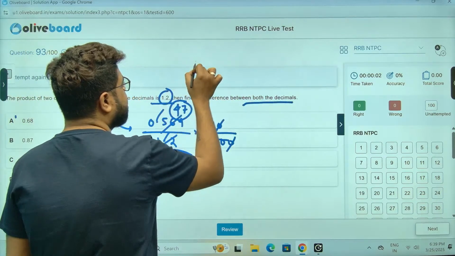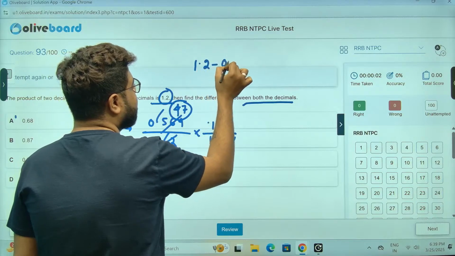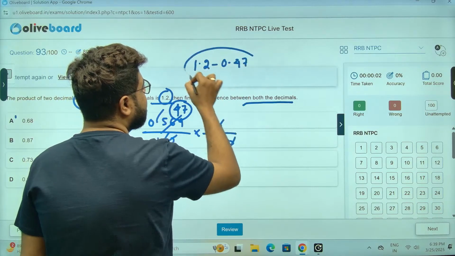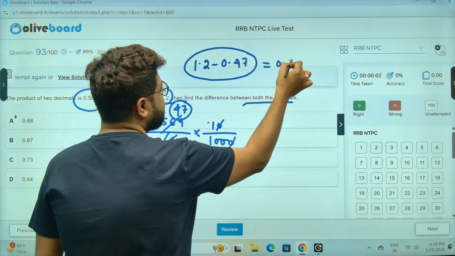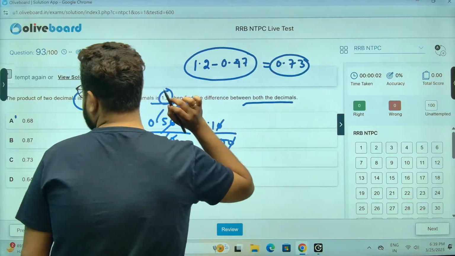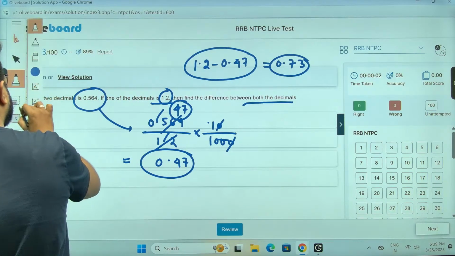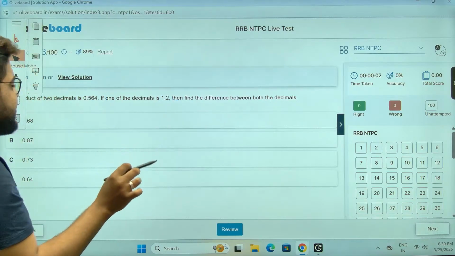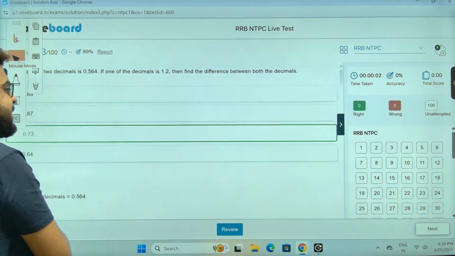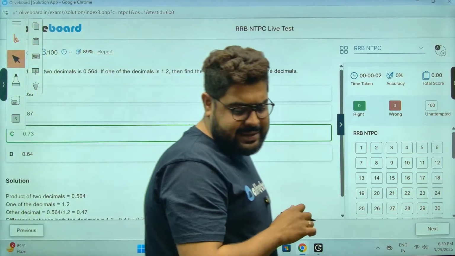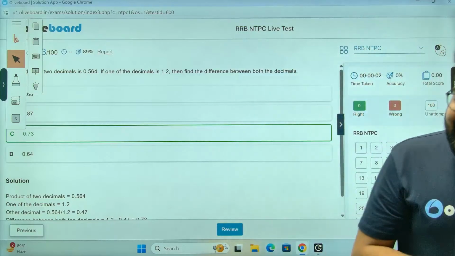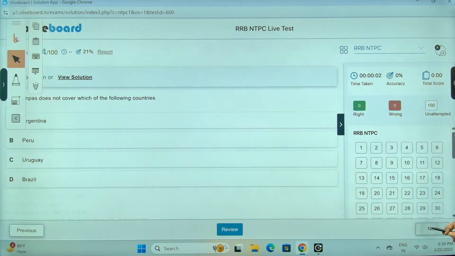Difference: 1.2 minus 0.47. Sir, 0.73. Yes, option number C is our correct answer. It's a very, very simple question. I guess the easiest of the lot till now.